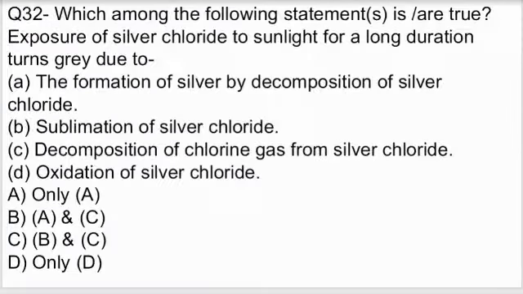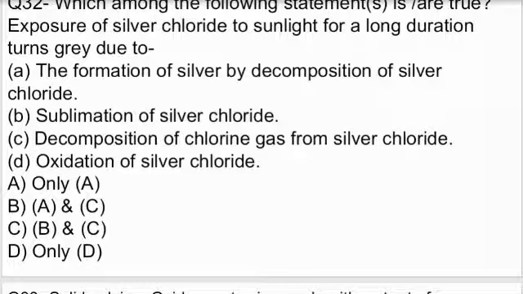The next question. Which among the following statements is or are true? Exposure of silver chloride to sunlight for a long duration turns it grey due to. The statements are A. The formation of silver by decomposition of silver chloride. Statement B. Sublimation of silver chloride.